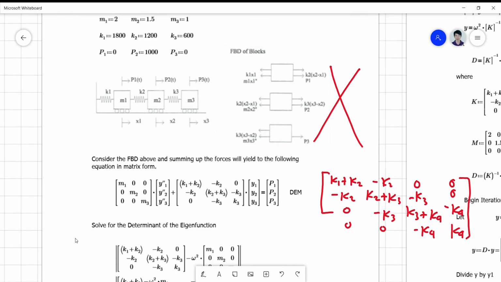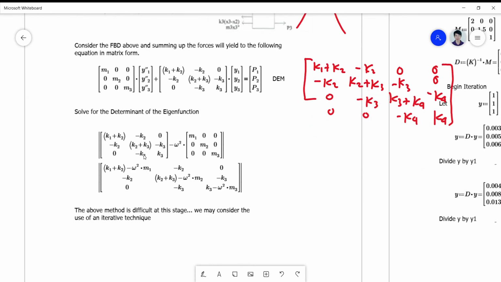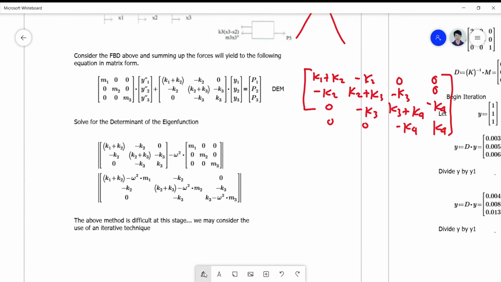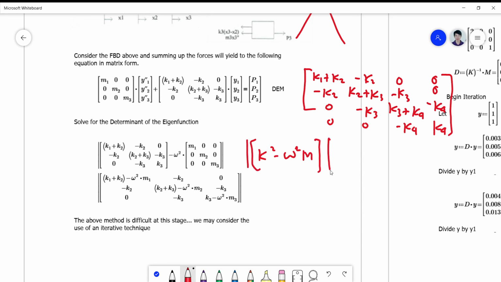So to solve for the determinant of this eigenfunction, wherein your resulting matrix will now be in the form K minus omega squared M must be equal to 0, is an assurance that this has a non-trivial solution.